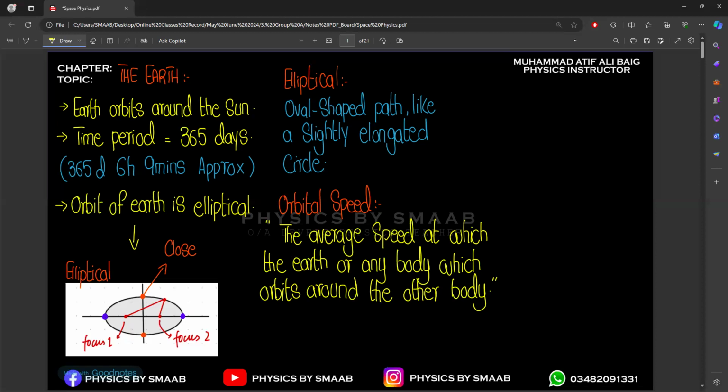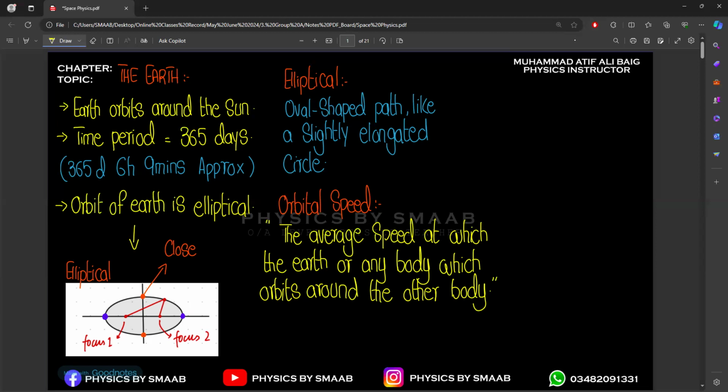So we also use the term average speed because, according to the elliptical shape, there is also the concept of gravitational force, because there is no direct physical link between sun and earth, right? There is no cable or string connecting them, because we are talking about planets. There is only the force of gravity.